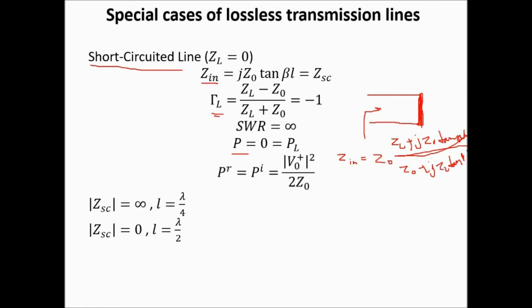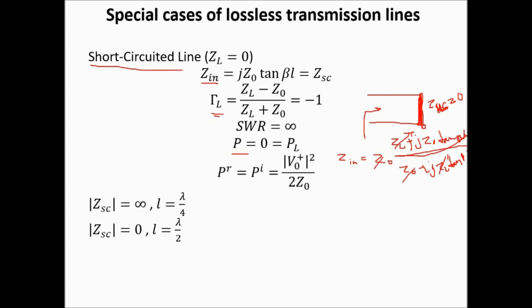Now, if this is short circuit, that means the impedance at this point will be 0. So ZL equal to 0. If you put 0 here and 0 here, then this Z naught will be cancelled out.